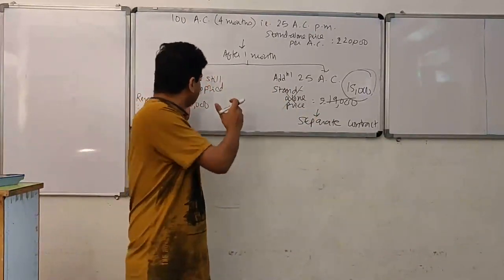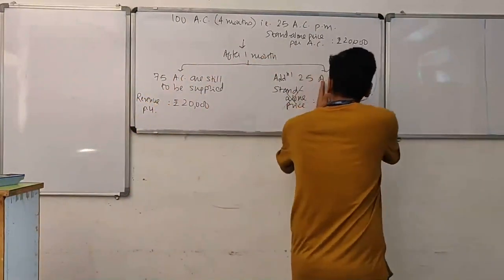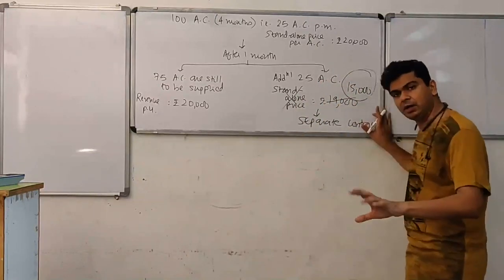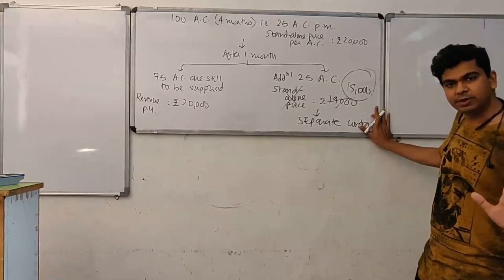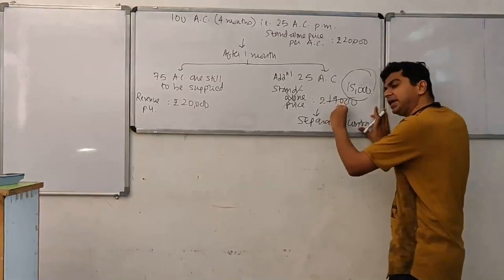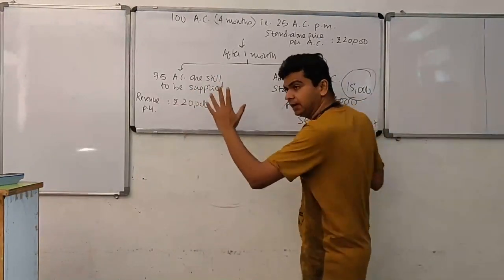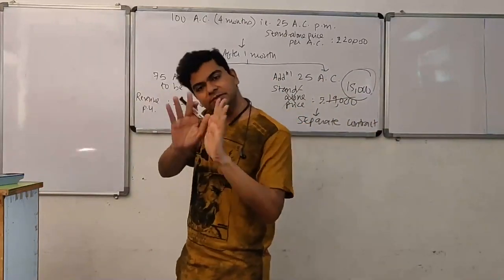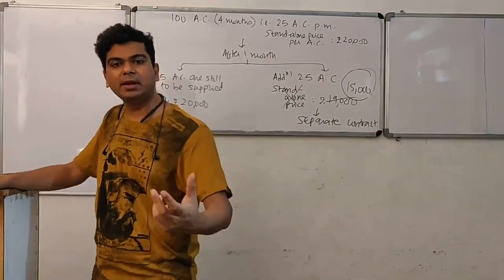You are thinking that this 75 and this 25 taken together, there is sufficient money to be made. I will make less money here, but I'm making a lot of money here, and on an average basis, there is sufficient money to be made.